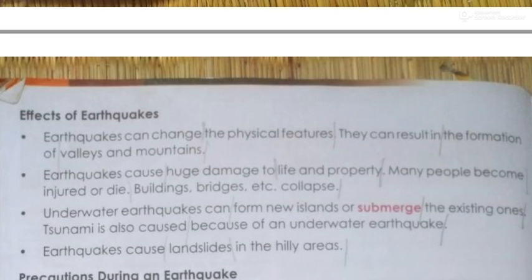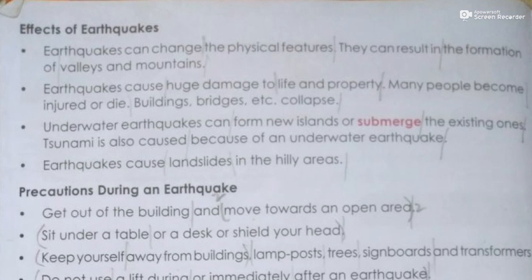Usually in the Himalayan ranges we have earthquakes very frequently, and also in Japan and the Philippines. These are areas that usually feel earthquakes, and that's why people living in areas like Japan and the Philippines make their houses according to the situation.